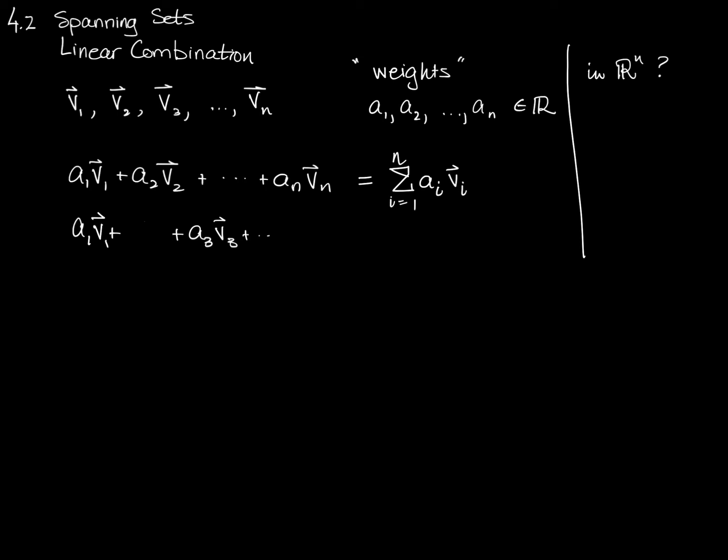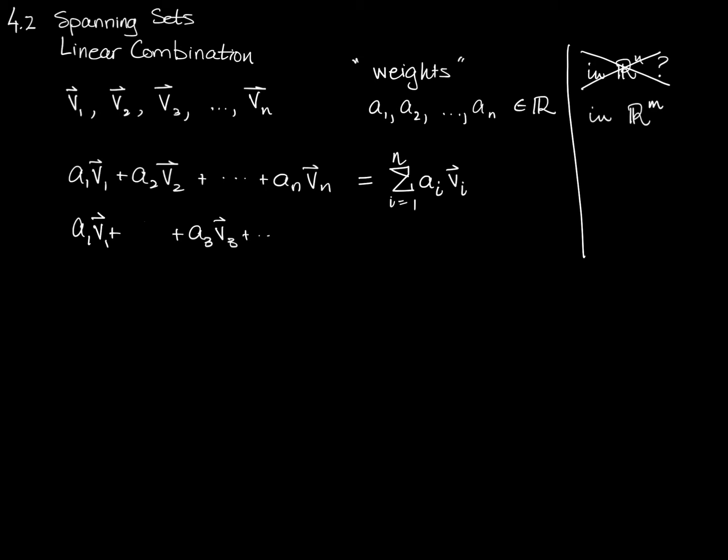I could be in R3 and just have n vectors with 3 components each. So I'm going to say that I'm in Rm here, just to distinguish that the number of vectors I'm playing with and the vector space that I'm working in don't necessarily have the same dimension.